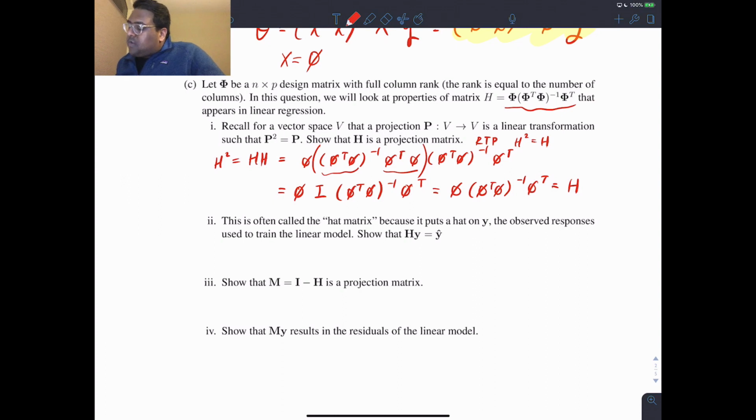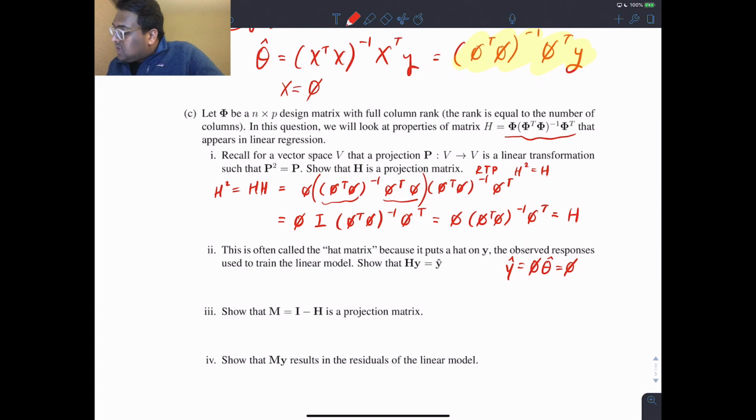Now in the second part, we want to show that if we multiply H by y, we get y hat. An important thing to keep in mind is what exactly y hat is. Y hat is just phi times the optimal value of theta, which, remember from up here, is (phi transpose phi) inverse phi transpose y. So what we really want to show is that Hy is equal to y hat.